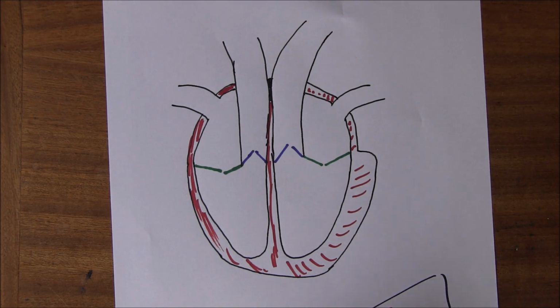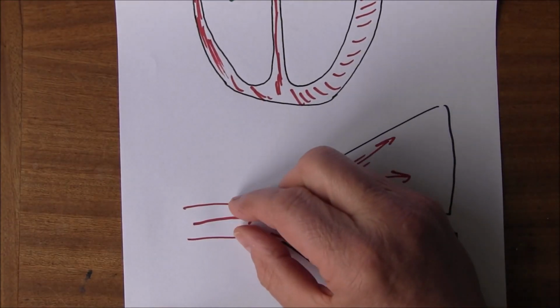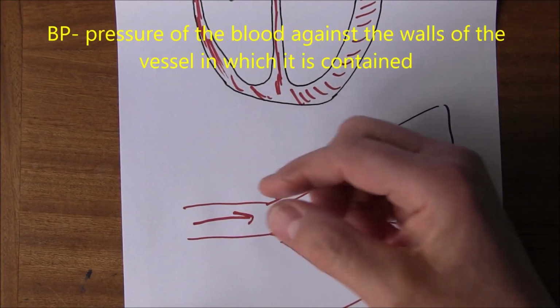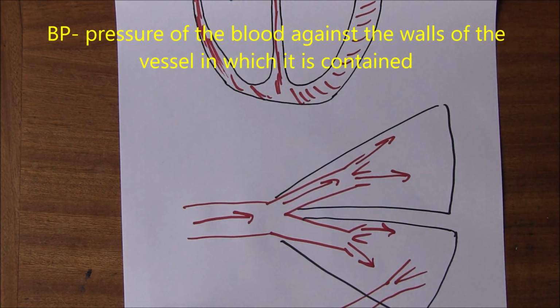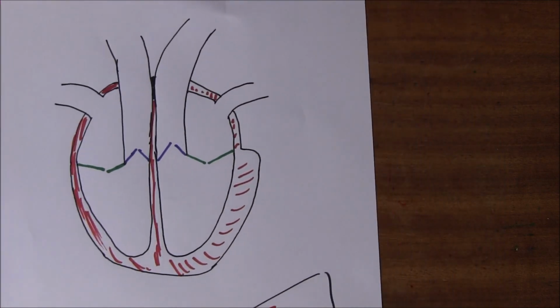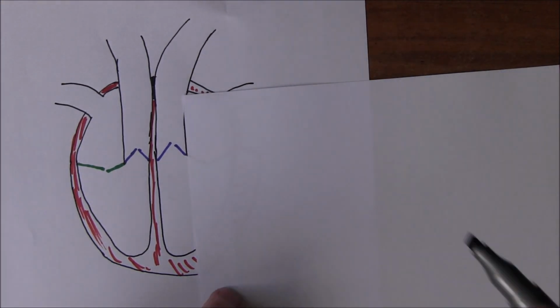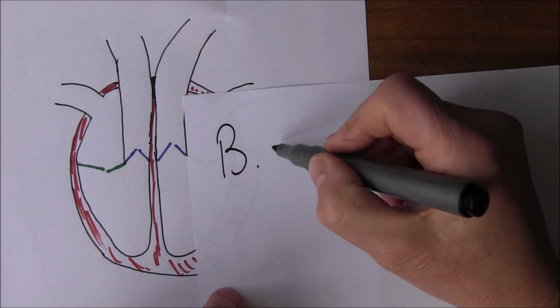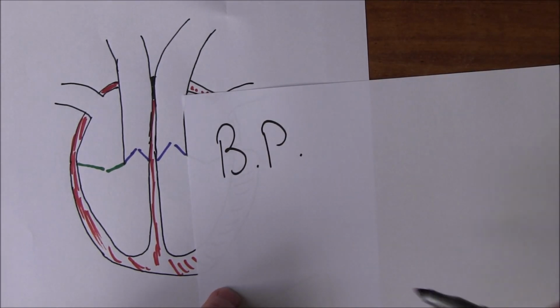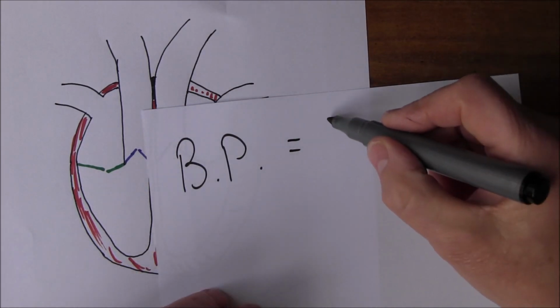Now, blood pressure is often described as the pressure of the blood against the walls of the vessel in which that blood is contained. And that's true, that is blood pressure. But we can also think about blood pressure in terms of cardiac function, where blood pressure, thinking about now in the systemic circulation, equals the cardiac output.